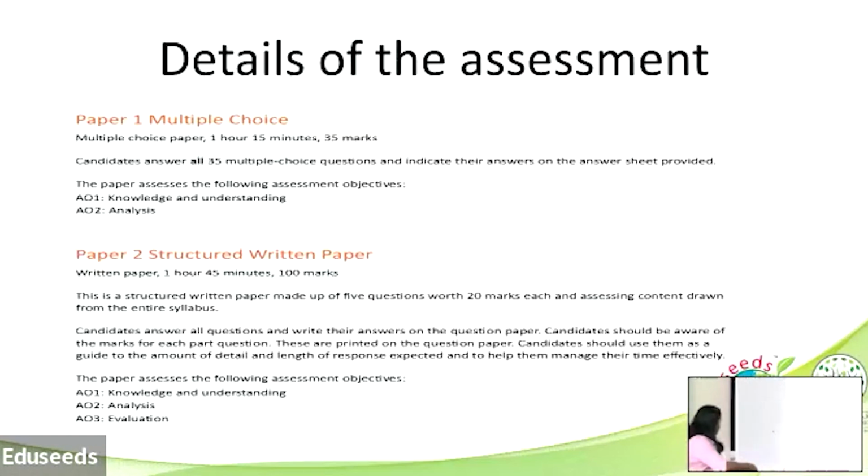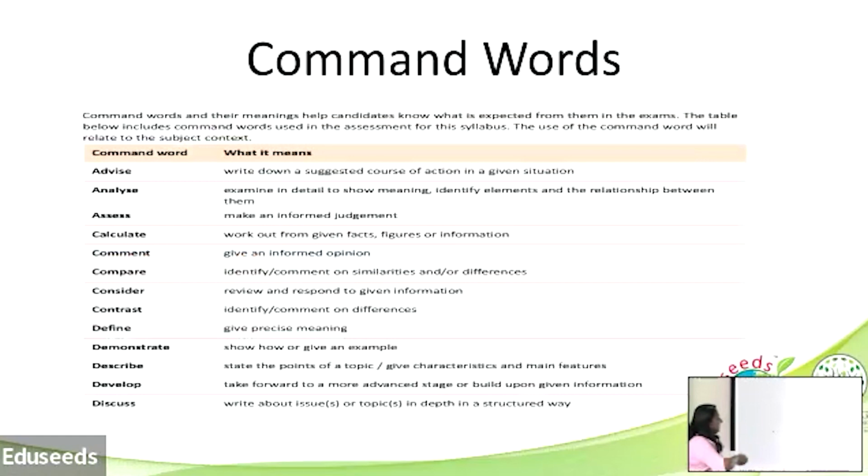Okay? So, yeah. These are some of the common words that they will use in asking questions in your accounting paper. Okay, you can go through this. Like you see, if they ask you to advise, write down a suggested course. If they ask you to analyze, it means you examine it in detail and then write your answer in detail.